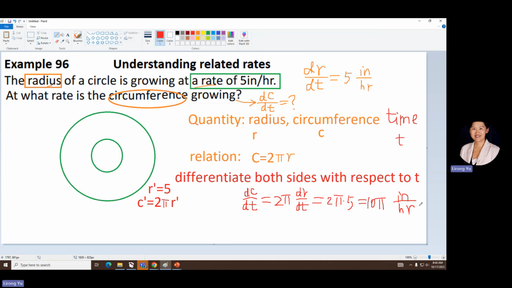Another thing that causes confusion is that we have multiple variables: we have C, we have r, we also have t. So it's way more than what we were doing earlier. We have to get used to this idea of having more than 2 variables in a single equation. This is our first example for related rates.